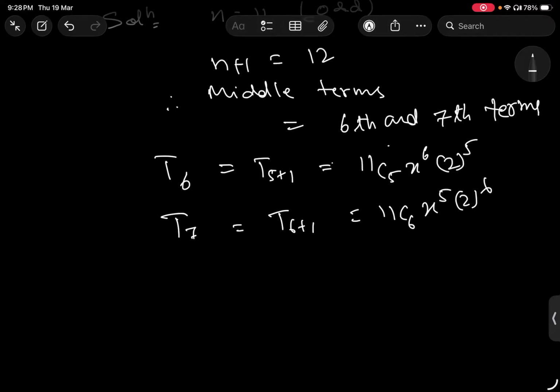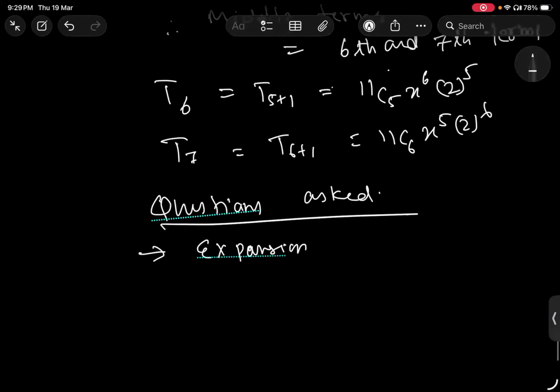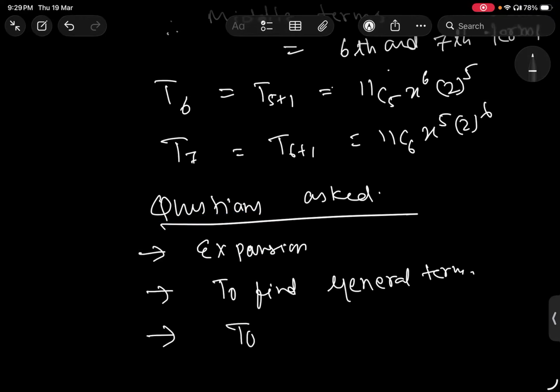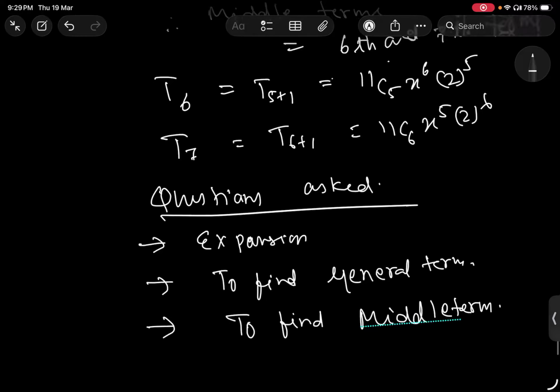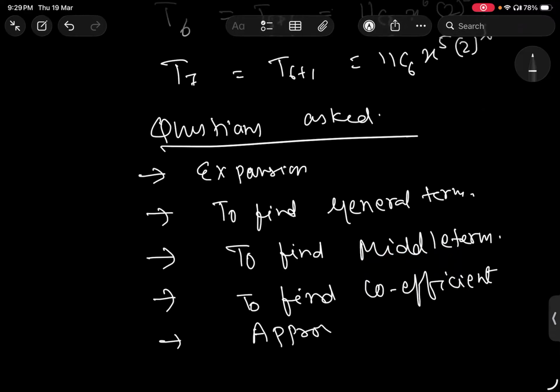Typical exam questions are asked on the basis of expansion: finding the general term, finding the middle term, finding the coefficient of a specific term, and approximation. In approximation also we use the binomial theorem.